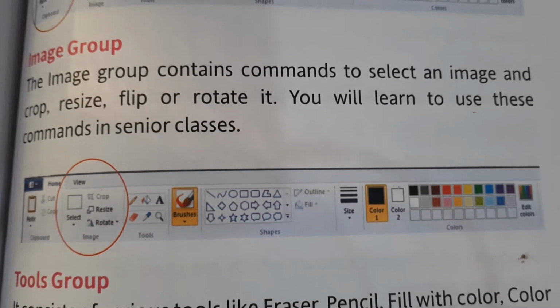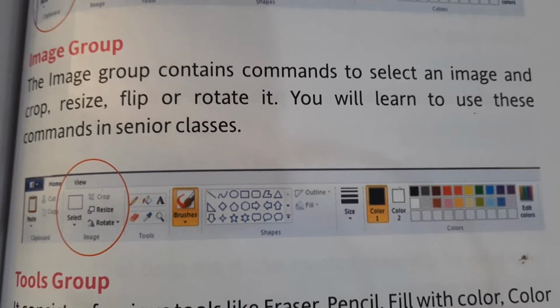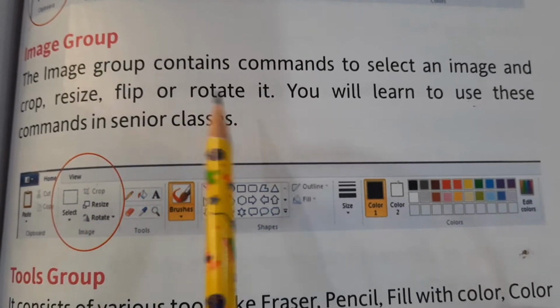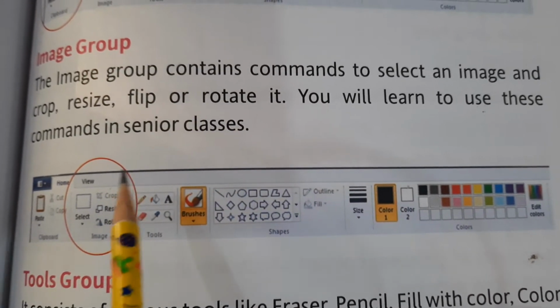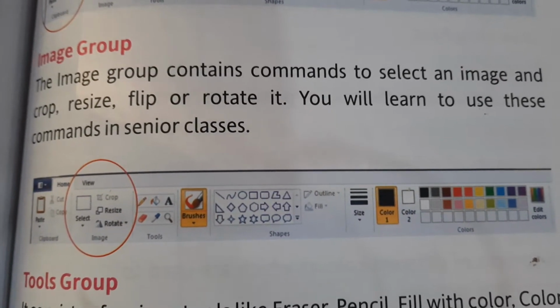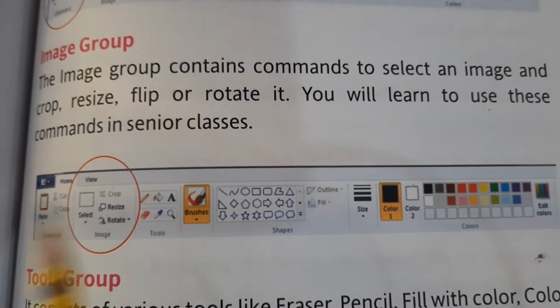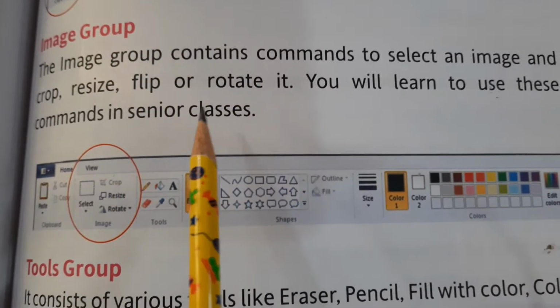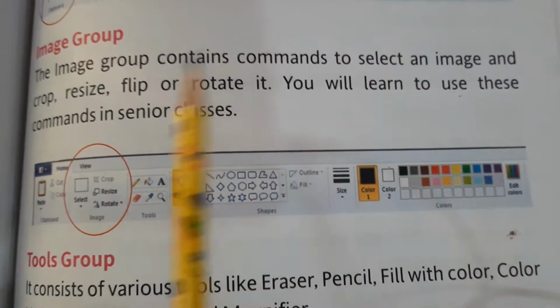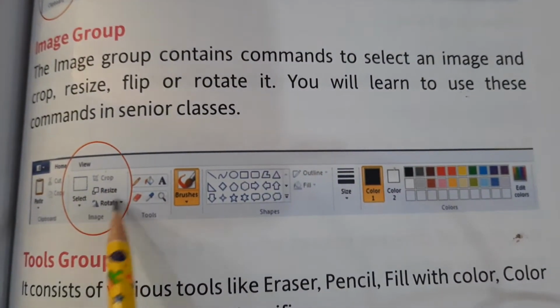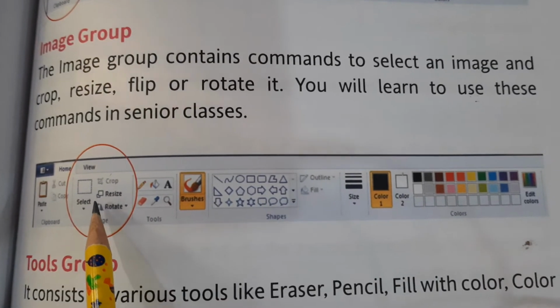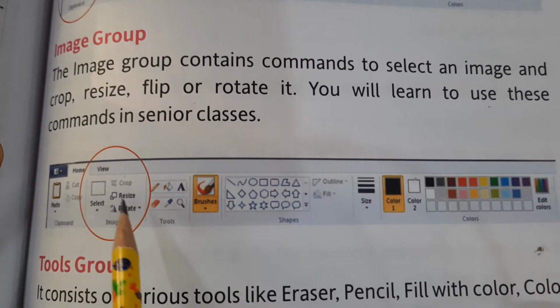Flip, we can just make a mirror copy of that in the other direction. And rotate it means, suppose if it is downwards, we can make it upwards or sideways, like that we can rotate it. Fine. You will learn about all these commands in your senior classes, not right now. This is just being shown for your information.